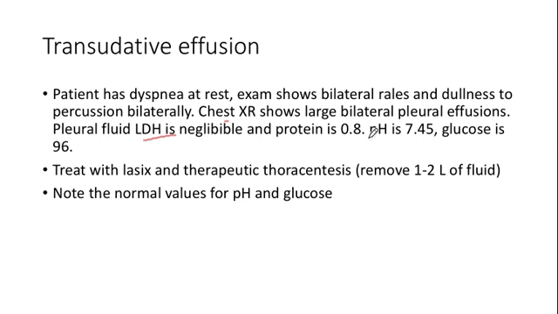And also, what I really want to point out here is that normal pleural fluid pH is 7.45, and normal pleural fluid glucose should be about what the serum glucose is, and we'll say between 60 and 100. So anytime your glucose is below 60, that would be abnormal in the pleural fluid.